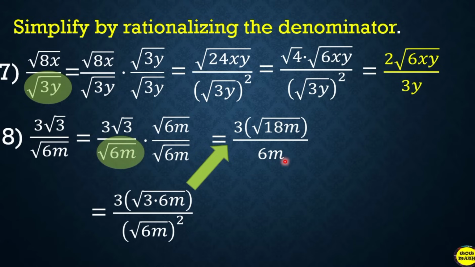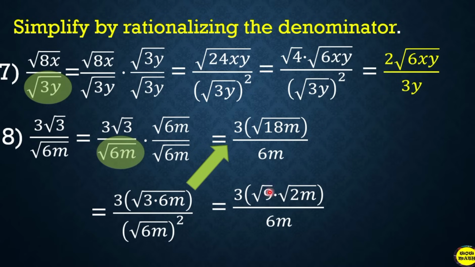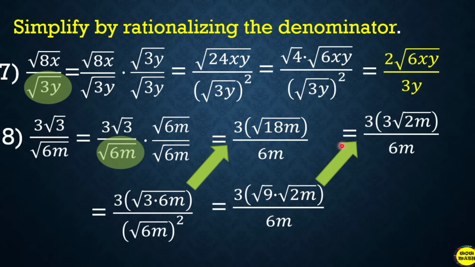So, sa 18m, pwede pa natin to i-simplify. Tama? Masisimplify pa natin yan. So, by multiplying 9, square root of 9 times square root of 2m. Okay, so, remove natin yung square root of 9. So, the answer is, square root of 9 is 3.